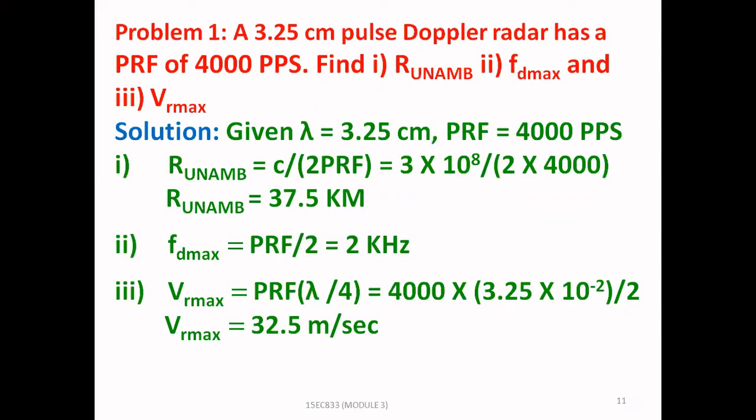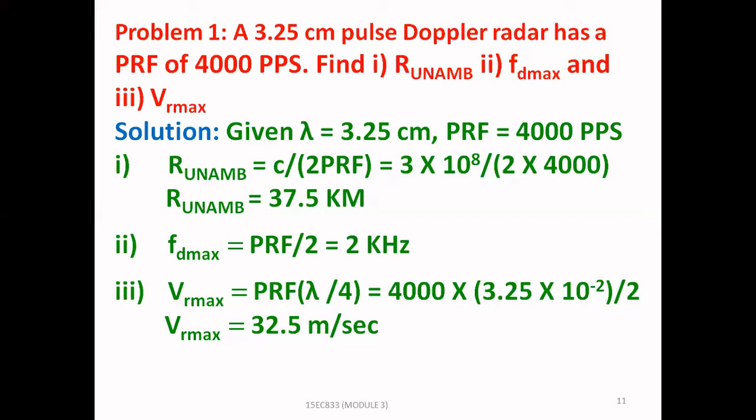Let us solve the problem. A 3.25 centimeter pulse Doppler radar has a pulse repetition frequency of 4000 pulses per second. Find R unambiguous, Fd max and Vr max. Given wavelength equal to 3.25 centimeter, pulse repetition frequency equal to 4000 pps, then R unambiguous equal to C by 2 PRF equal to 3 into 10 power 8 divided by 2 into 4000 equal to 37.5 kilometer.